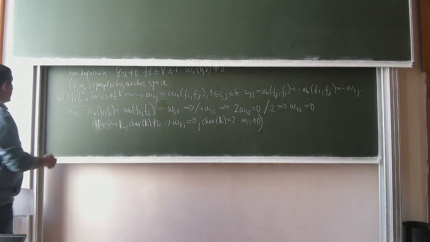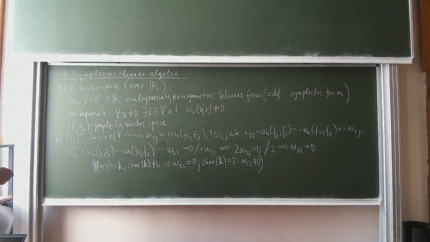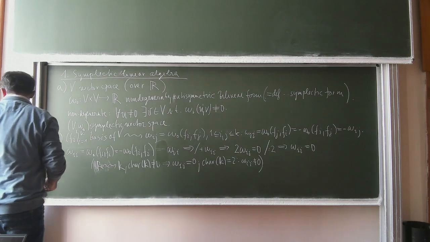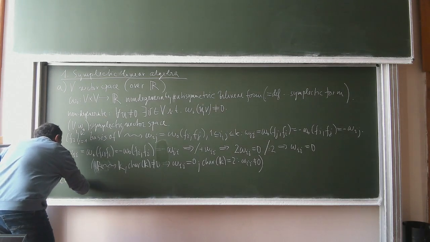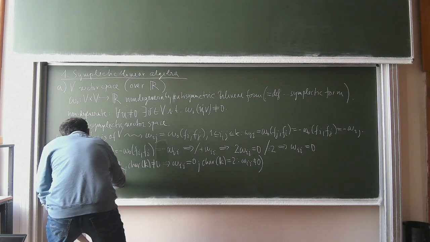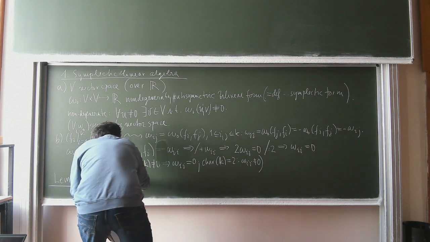What is very well known on symplectic forms is this lemma. Let V, omega 0 be a symplectic vector space.